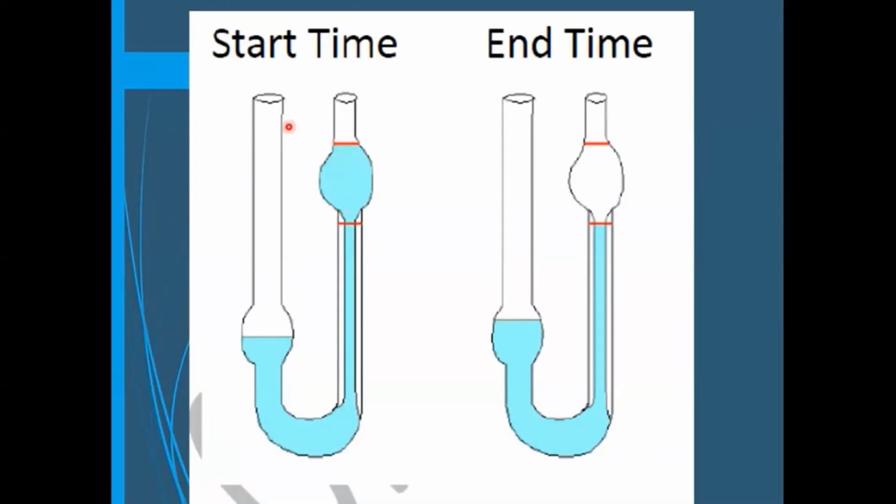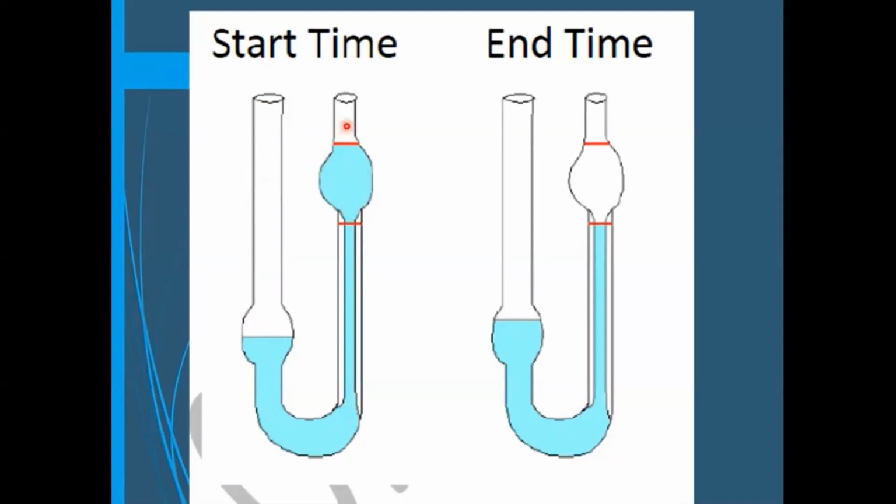Firstly, put an amount of water inside the viscometer and push the air in here using a pump. The water will move through the capillary tube until it fills all this bulb.